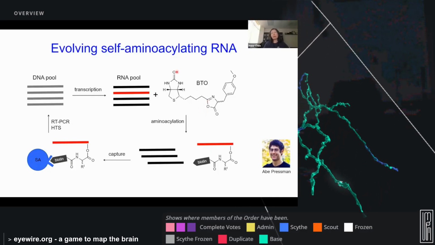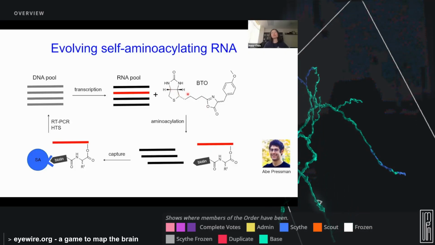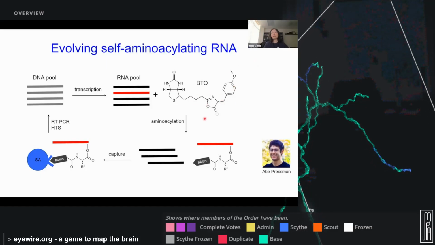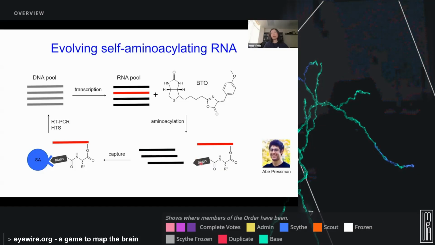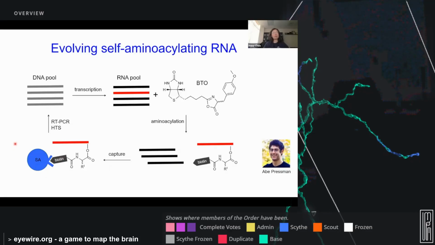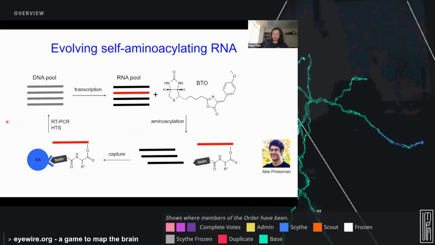Here we've got a biotin, which we can hang on to later, and then our side chain here. Any RNAs that react with the oxazolone will get biotinylated, and then we can pick out those biotinylated RNAs with streptavidin beads. Our selection can then amplify those, and we can go through multiple rounds.